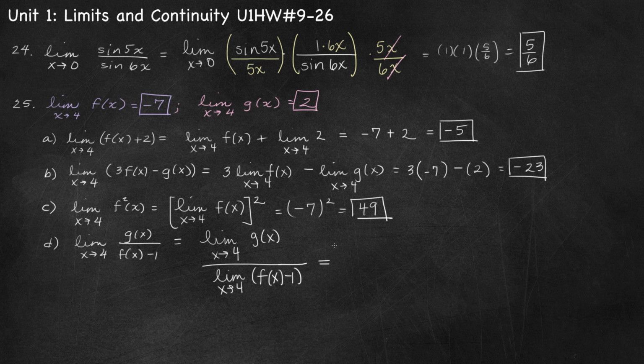The limit of g as x approaches 4 is 2 over, and then we can break this down as well into the limit as x approaches 4 of f of x minus the limit as x approaches 4 of 1. So that gives 2 over negative 7 minus 1. 2 over negative 8, or negative 1/4.